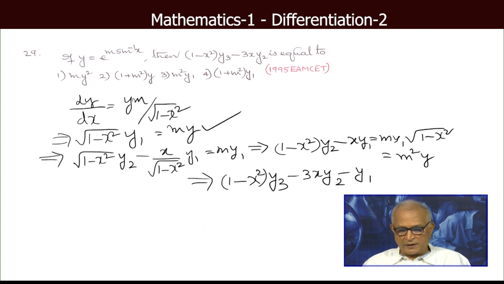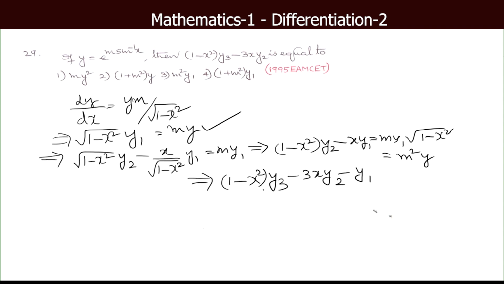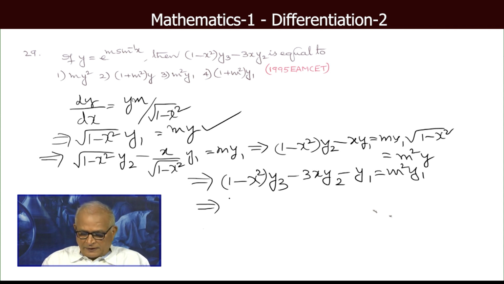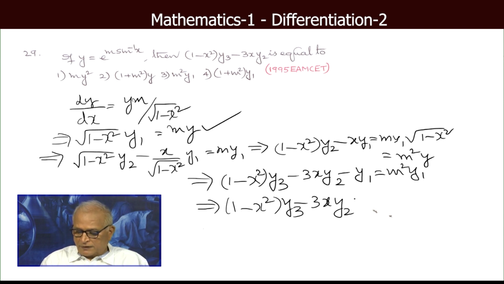Follow? 1 minus x square into derivative of y2 is y3 plus y2 into derivative of 1 minus x square, which is minus 2x, minus 2xy2, minus xy2, minus y1 into derivative of x, equal to m square y, whose derivative is m square y1, m square is constant. So, 1 minus x square into y3 minus 3xy2 is equal to 1 plus m square into y1, which is the fourth option.